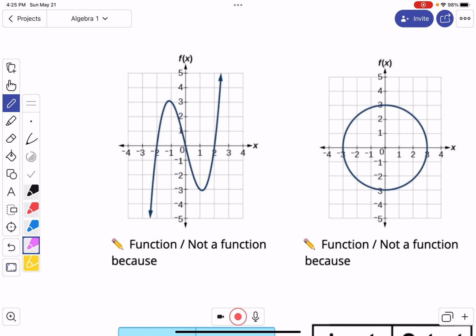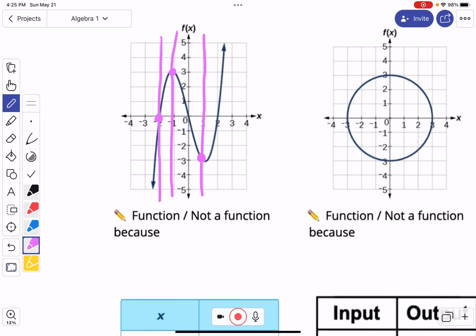So a vertical line test means that if I draw a line anywhere just on my graph like this, I should only cross my graph at one point, right?